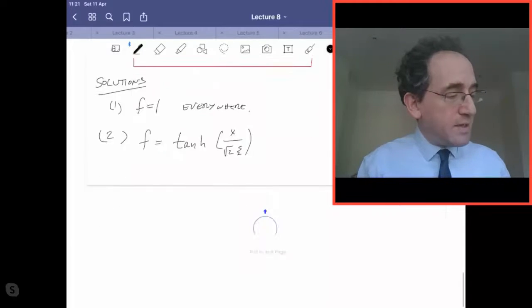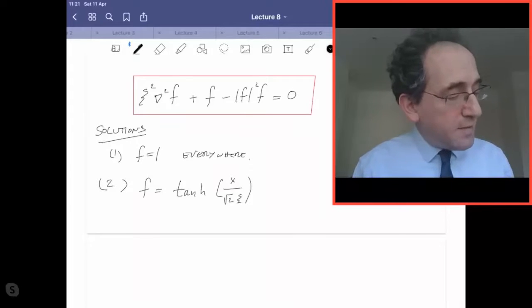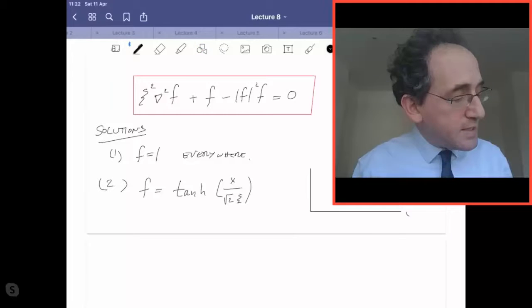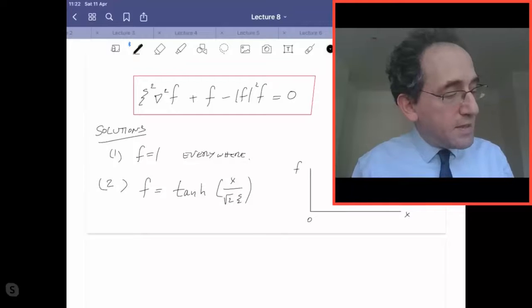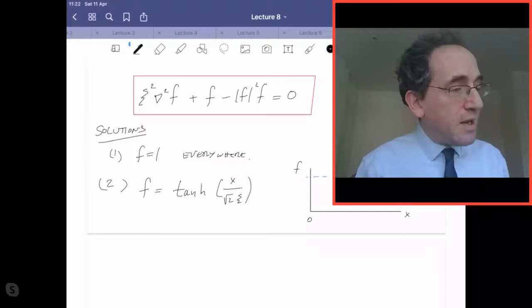Let me see if I can draw that. So this looks like, again, drawing my axes. Here's x, here's 0, and here is f. And let's put f equals 1 at this line.